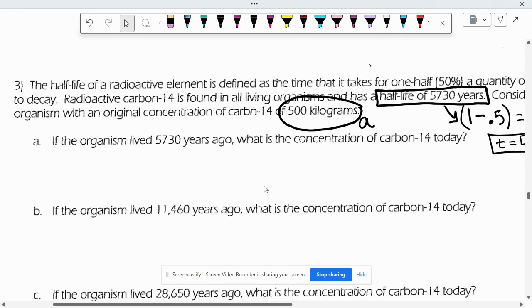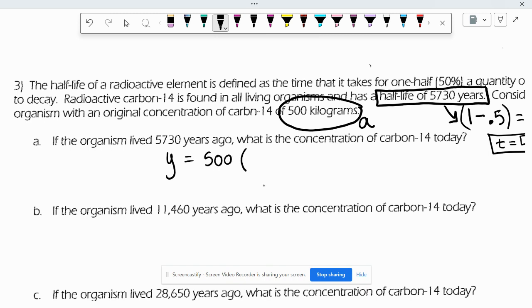If I started with 500 kilograms, and I know that my rate is 0.5 because I'm cutting it in half, 1 minus 0.5 is 0.5. This is just one cycle, because it takes 5,730 years for it to decay one time, one half.